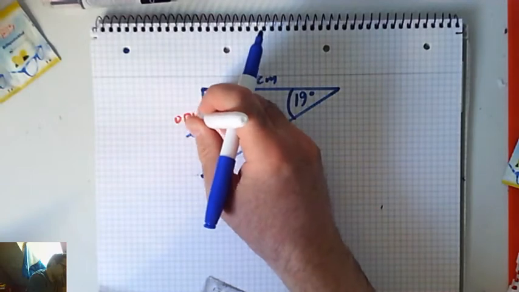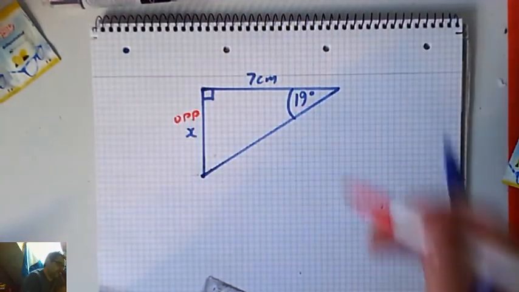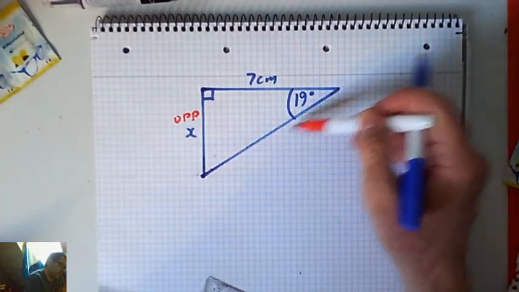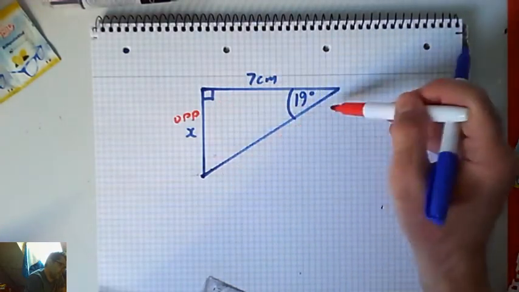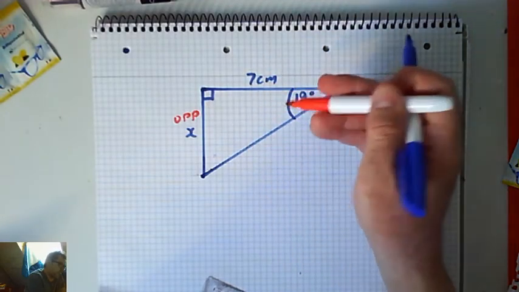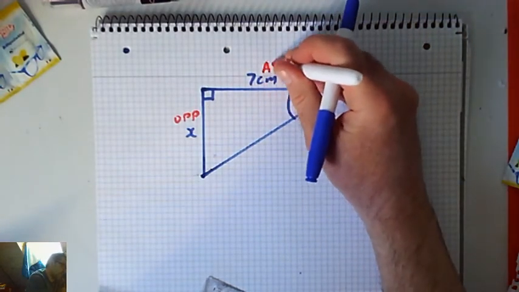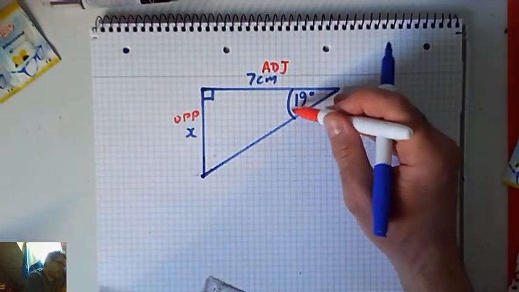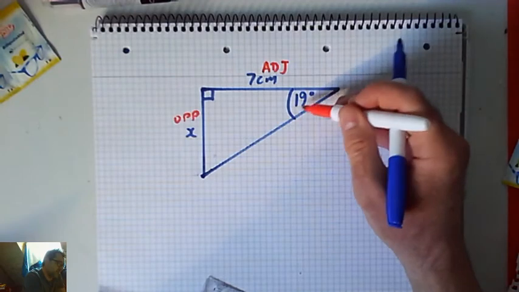So that's the opposite side, op, and then the longest side is the hypotenuse, which we know is the longest because it's opposite the 90-degree angle. And then that leaves us with the 7, which is the adjacent. Adjacent meaning next to, and it's the one that's next to the 19 that isn't the hypotenuse.